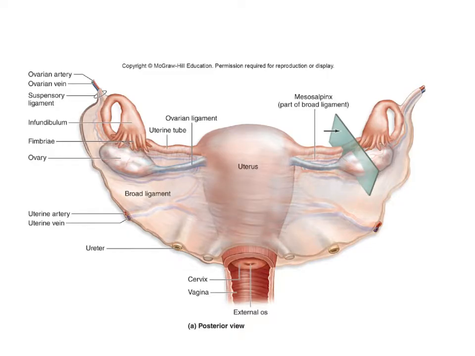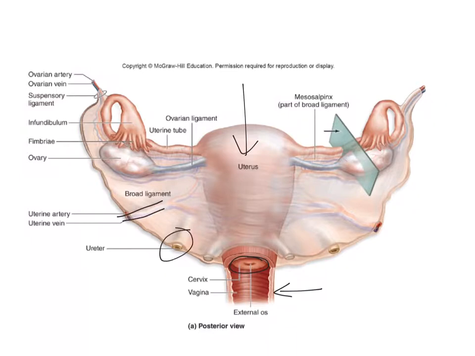If we look at this picture, there's the uterus. The vagina's here, and there's the cervix, the most inferior part of the uterus. Now here are uterine arteries and veins.